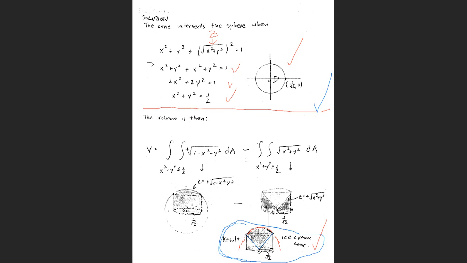The first volume here is the volume underneath the sphere, over the circle given by x squared plus y squared less than or equal to a half.